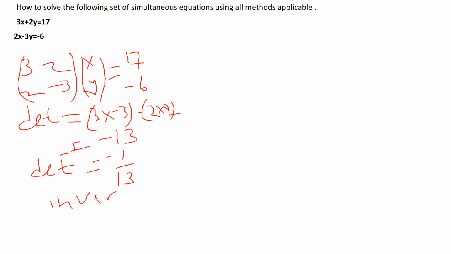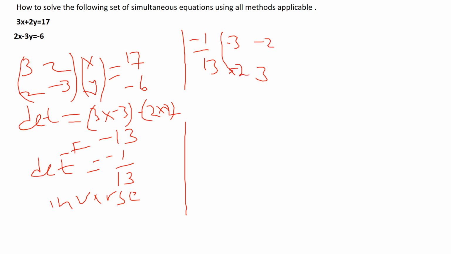So in this case, for example, our inverse becomes negative 1 out of 13, then multiplied by, we interchange the major diagonal, which is negative 3 now, and the 3, and then we change the signs, which is negative 2, and negative 2, and then from there we can multiply by the matrix with values 3, 2, 2, negative 3.